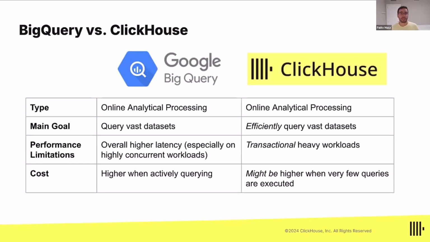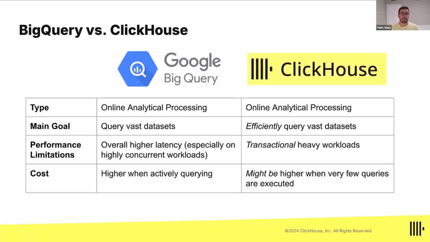So the overall higher latency that you're going to have in BigQuery is often a problem, especially when you have highly concurrent workloads. So a lot of people accessing the data, running queries concurrently in parallel, that usually doesn't scale well in terms of speed, but also in terms of costs.